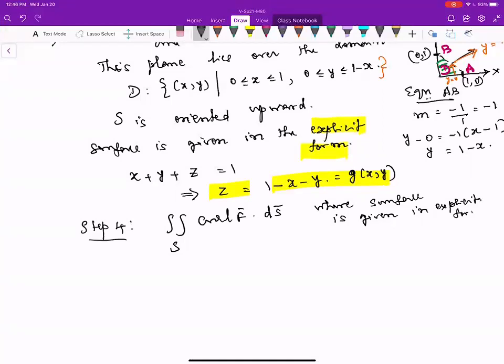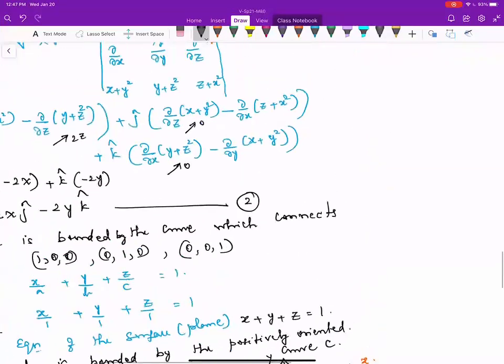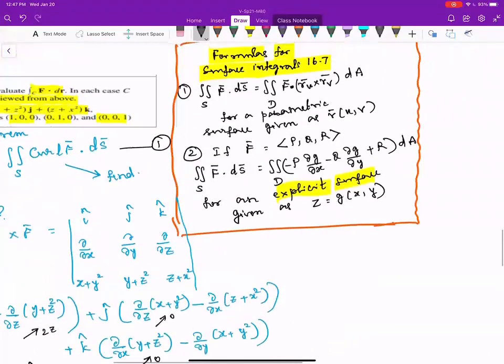So when we do a surface integral for a vector, we know that it has to go with the second formula that we wrote, because in this case it's explicit. So we have to go with negative P dou g by dou x minus Q dou g by dou y plus R, where P, Q, R are the components of the vector that you're choosing.